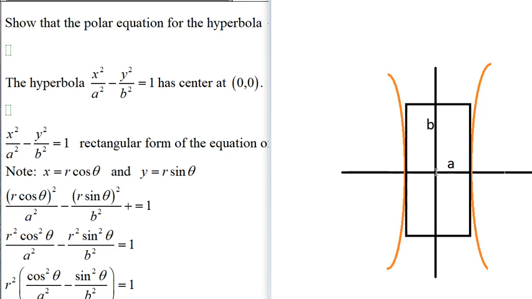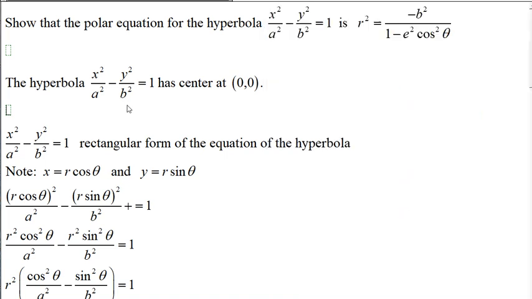The distance from the center to the vertex is a, and the distance from here to here is b. That's what the a and the b are for. And so one more time, we want to show that the corresponding polar equation is this.